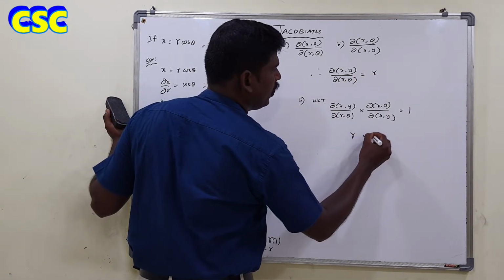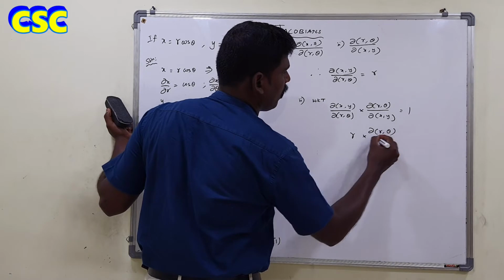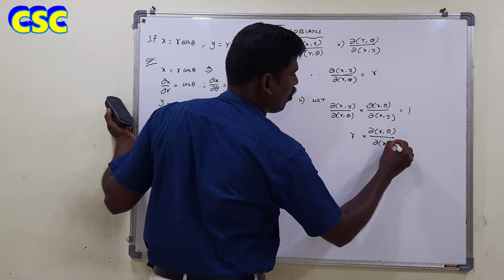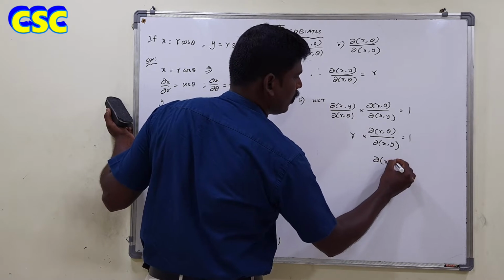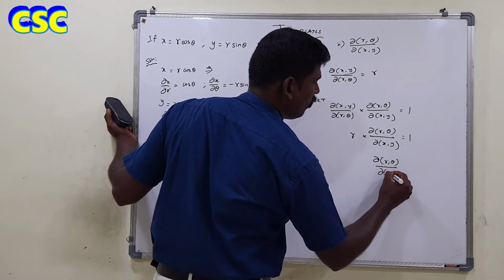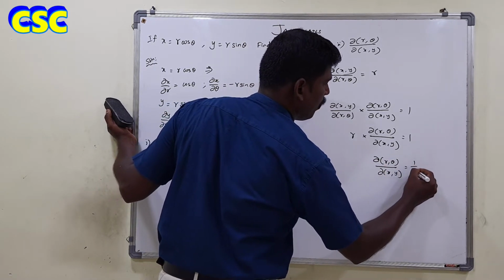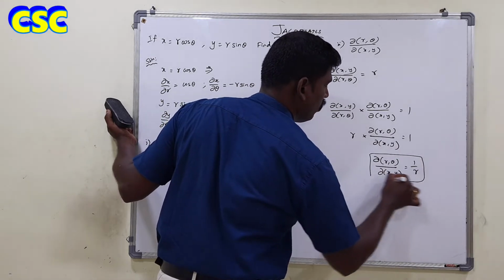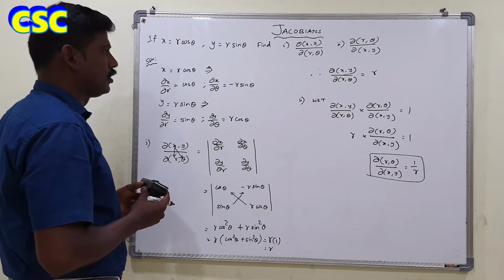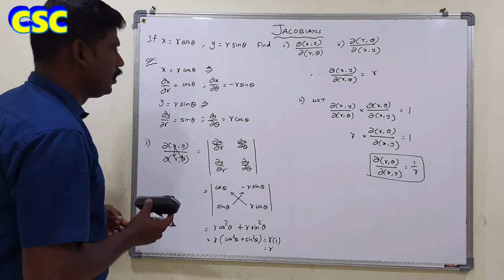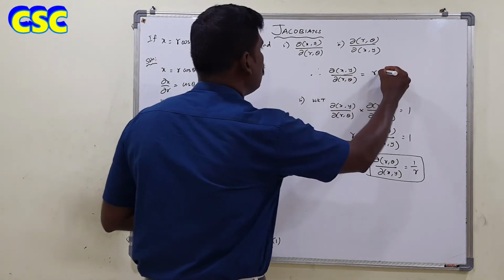So r into ∂(r,θ)/∂(x,y) is equal to 1. Taking this r to the right hand side, ∂(r,θ)/∂(x,y) is equal to 1 by r. That is the value of the second one. That's all, right?